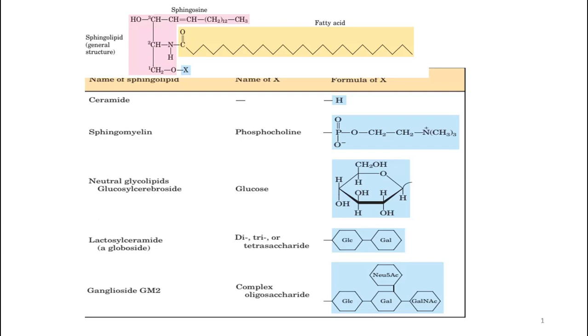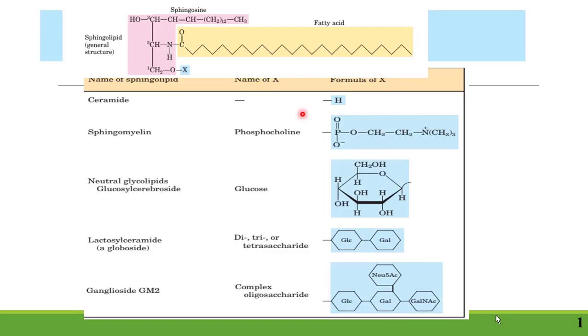Okay, hi again. We continue the second session of structure and function of lipids with discussion about sphingolipids. Here you can see the structure of the ceramide, which is composed from sphingosine and fatty acid.